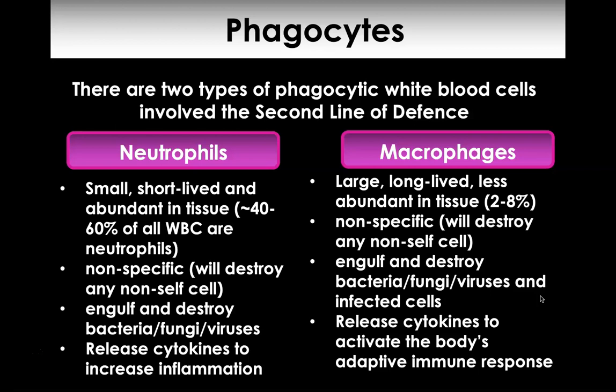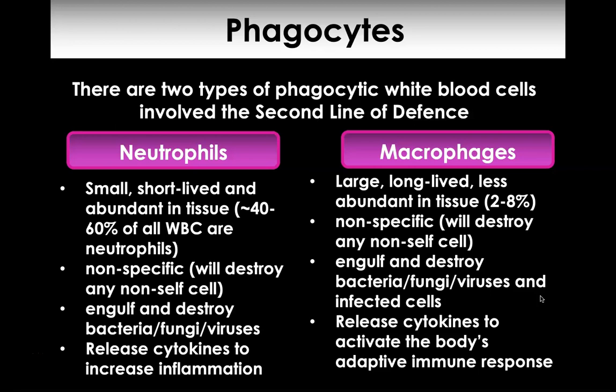Now, if you have ever had a cut or a mosquito bite, you'll know that inflammation occurs really rapidly. It's that hot, red sort of stinging pain that surrounds a mosquito bite or a cut.